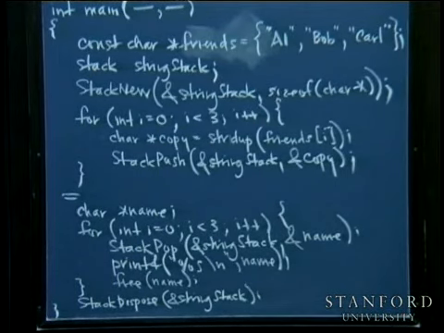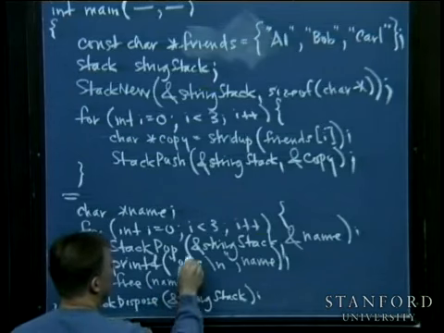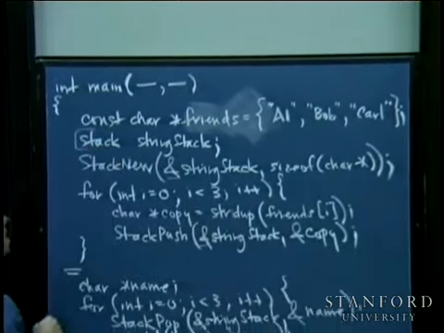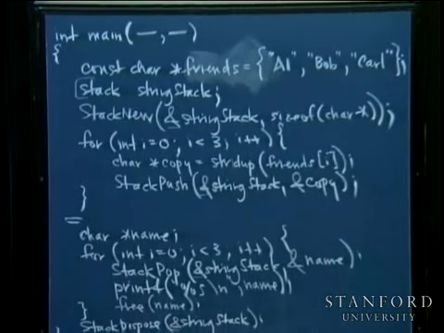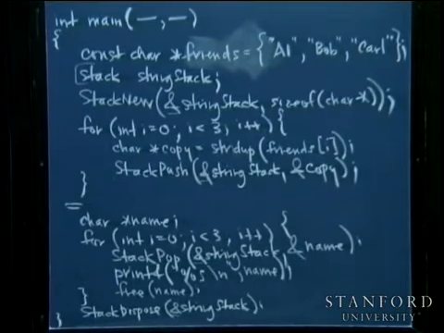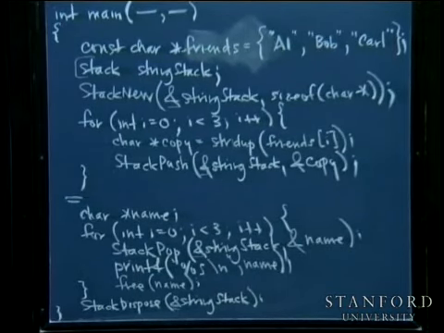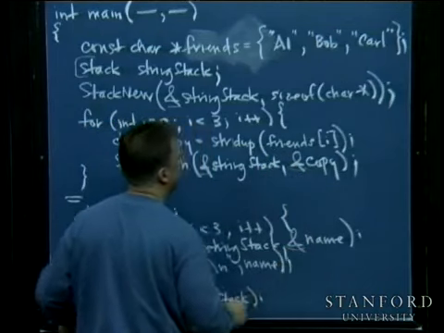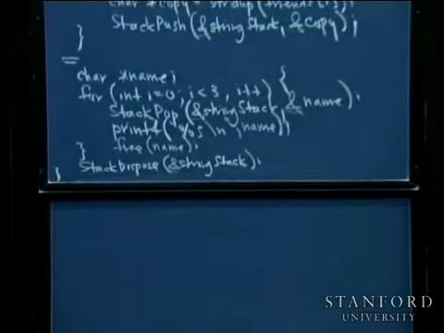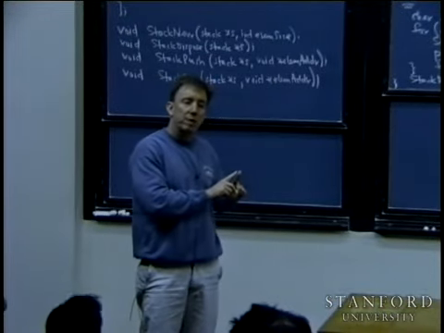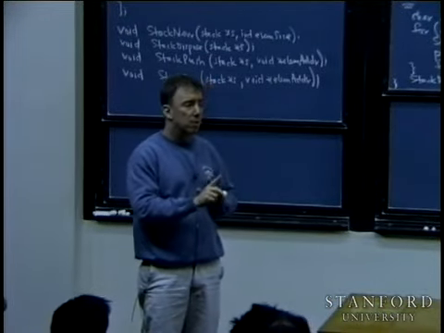Now, these ampersands right here typically don't surprise people because I'm dealing with a direct allocation on the stack frame of this function, the thing called string stack, and I have to pass the location of it around. Okay. These ampersands right there very often surprise people. If you did not put them there, for many of the same reasons we saw in previous examples, it would still compile and run.